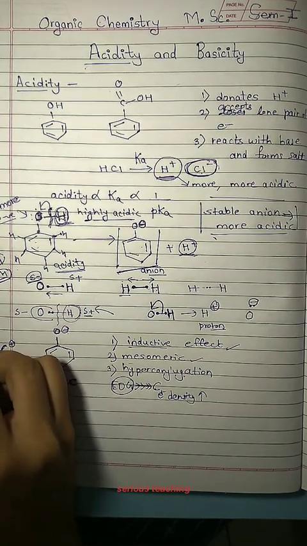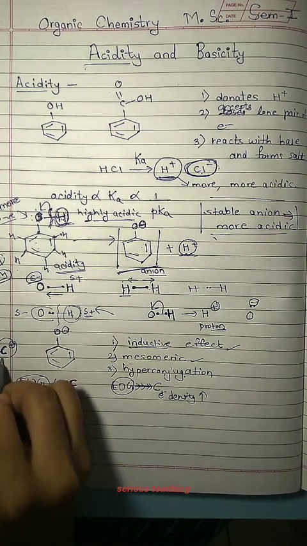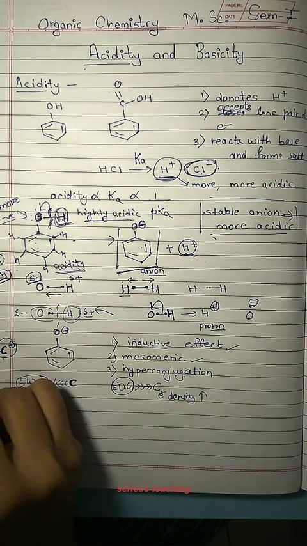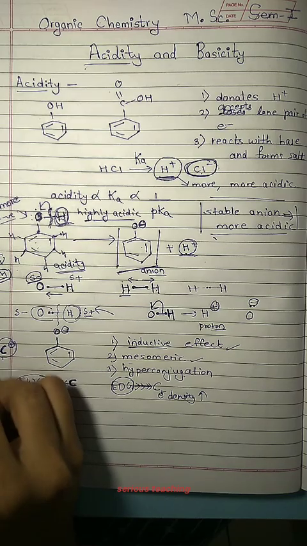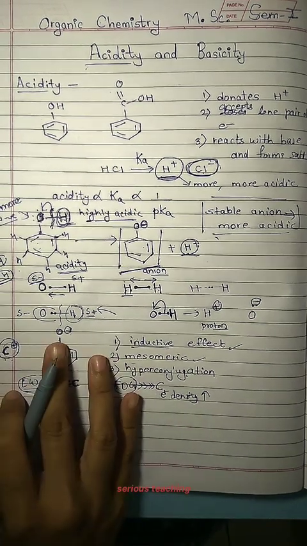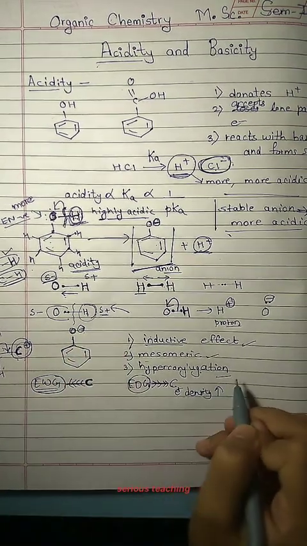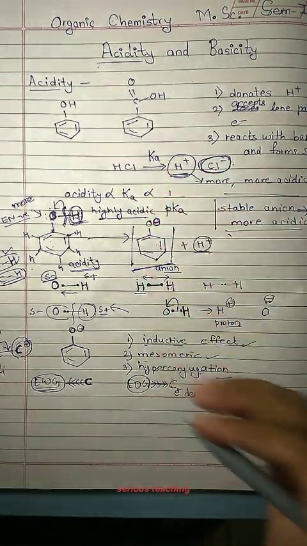These hydrogens can give their electrons and make this positive center stable. Here 3 alpha hydrogens are present, therefore 3 hydrogens can give their electrons and make this positive charge stable. So this is hyperconjugation. We will see these effects in the questions.